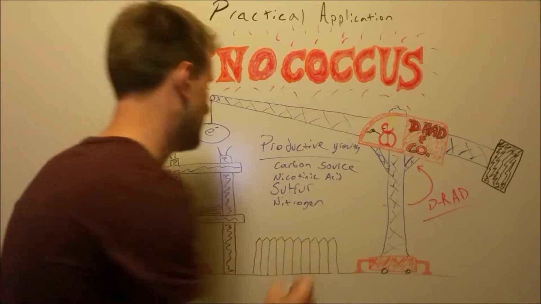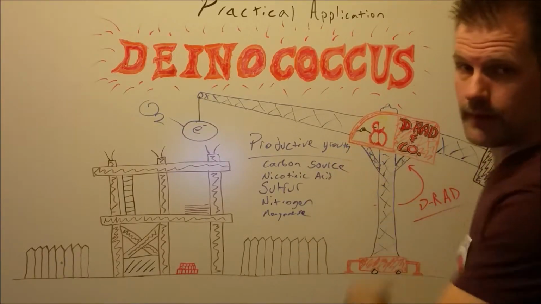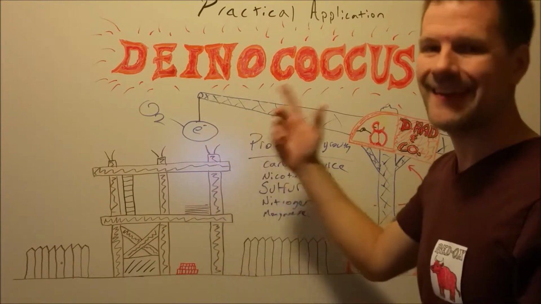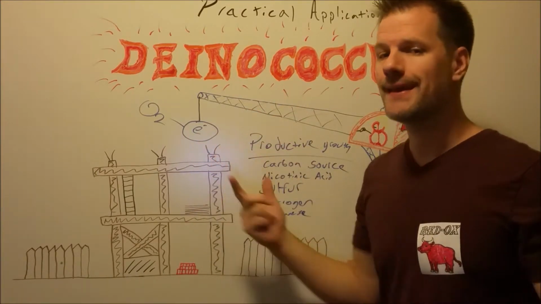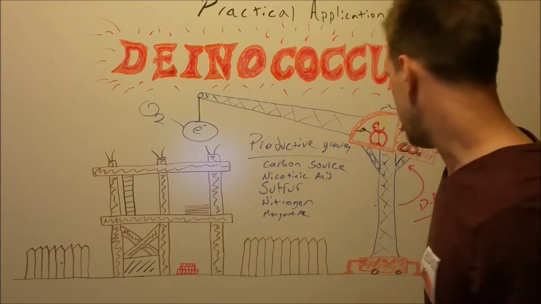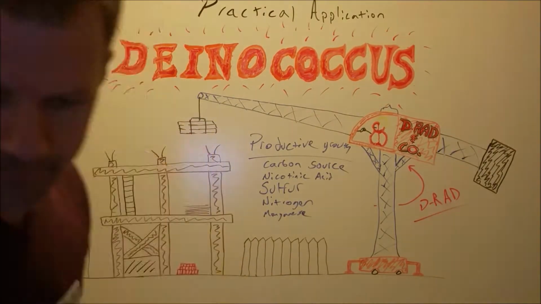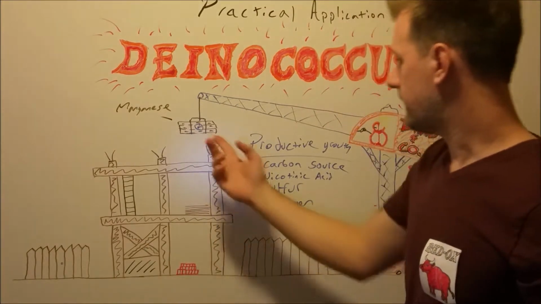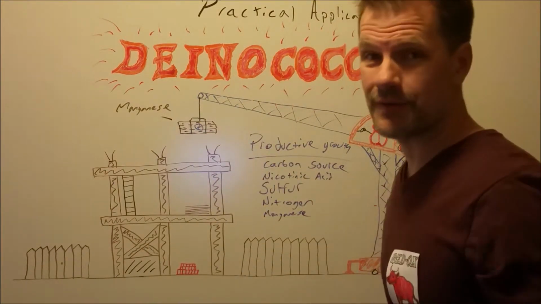D-Rad right here, he's anaerobic, so without that oxygen, his electron acceptor, he needs to use something else. In his case, it's going to be the manganese. As you can see, his electron acceptor is completely different.